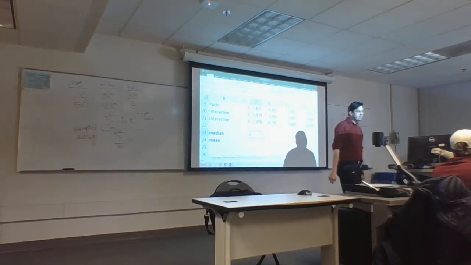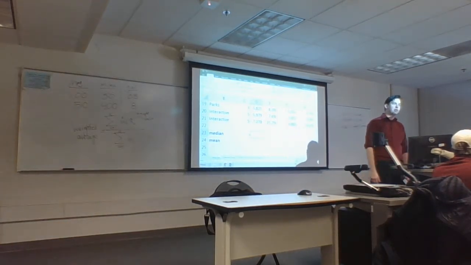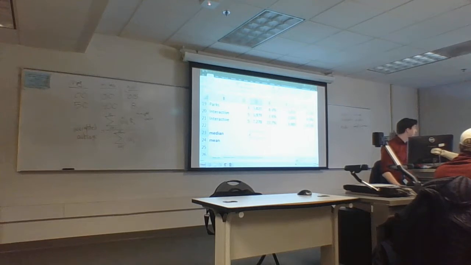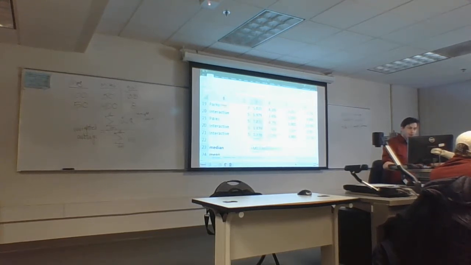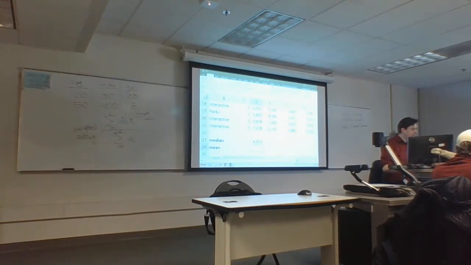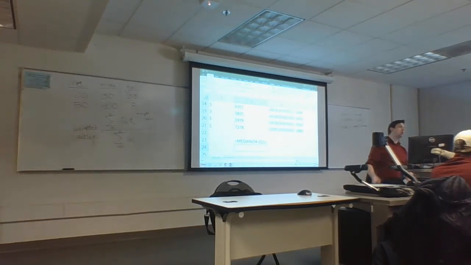So if I want to get the median, how do I figure that out? Equals median, and we highlight. And by the way, if you don't want to highlight, you can just type in D4 colon D21.